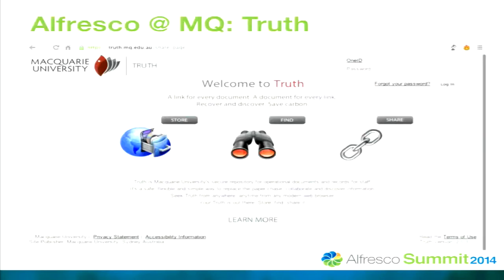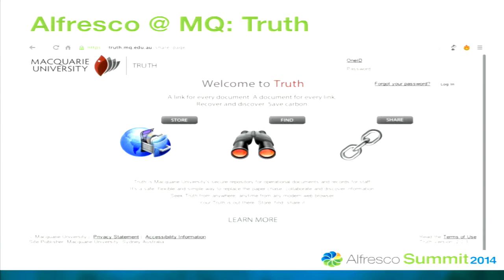So what does the deployment look like? We called it Truth, okay? That wasn't my choice. It was the previous CIO's choice, but basically, the product name is Truth. And we effectively sell it to people as: everything inside the system has a unique link, and for every document, there's a link.